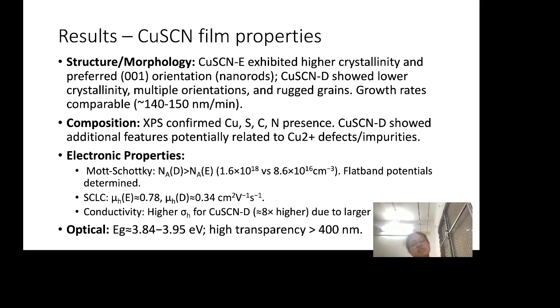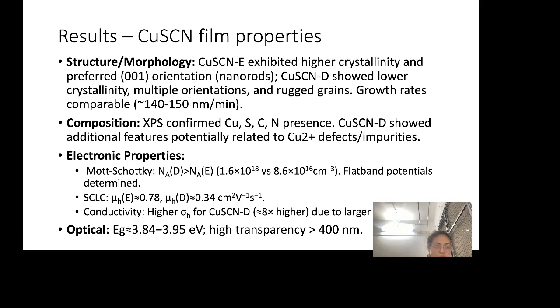By doing these characterizations and this deposition, you get the results. Going through the structural and morphological characterization, we see that the E type, which is CuSCN E, has more crystallinity and has 001 oriented nanorods. CuSCN D has lower crystallinity, multiple orientations and rugged grains.